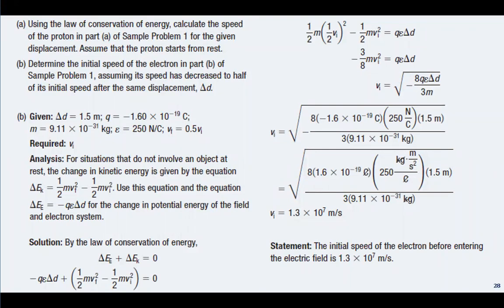By the law of conservation of energy, we then have the expression for the initial speed of the particle, which is the square root of negative 8 Q epsilon delta D over 3m. Putting all the values in gives us the initial speed of the electron before entering the electric field, which is approximately 1.3 times 10 to the power of 7 meters per second.